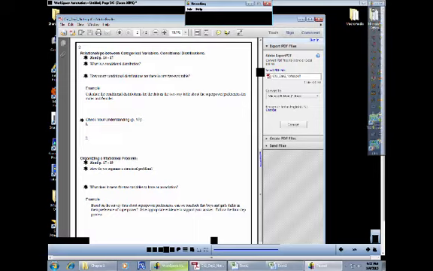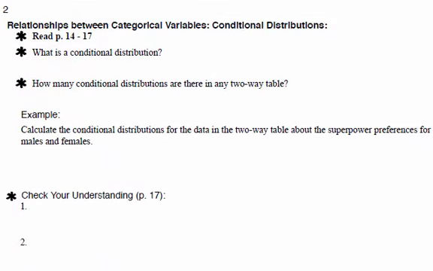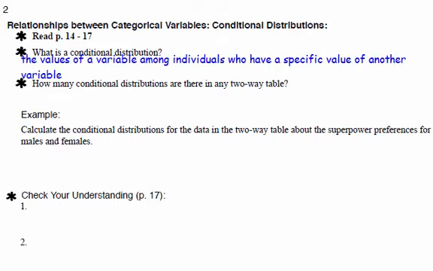If we calculate all these percents of all the women, we're talking about conditional distribution. So the conditional distribution gives the values of a variable among individuals who have a specific value of another variable.